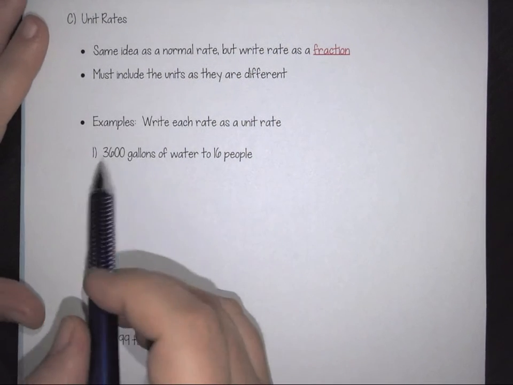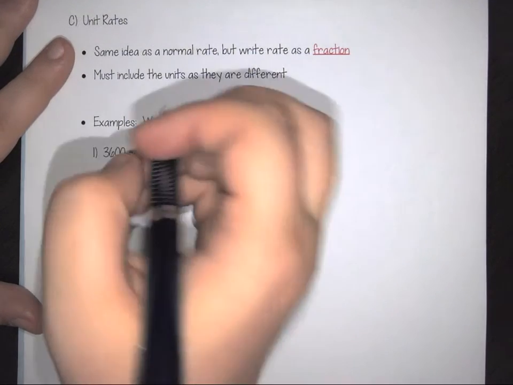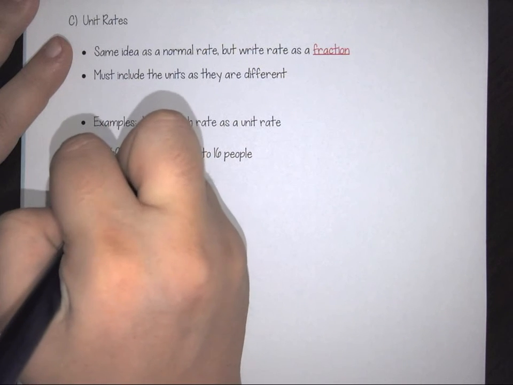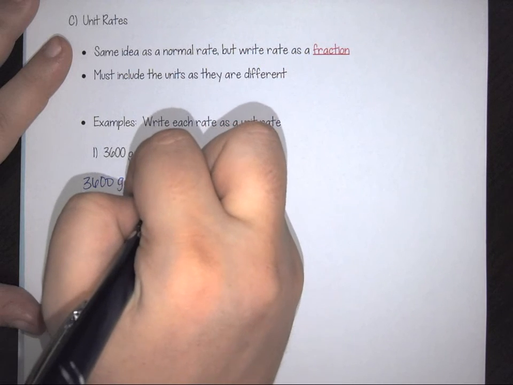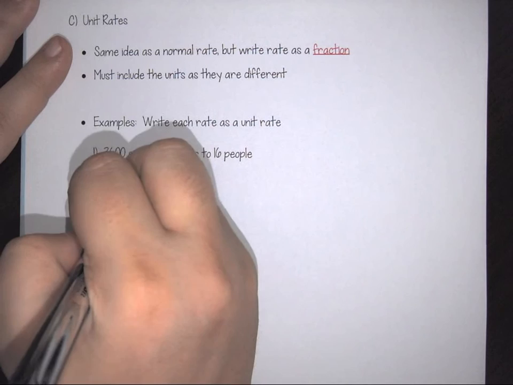So here I have 360 gallons of water to 16 people. So the first thing we need to look at is what that says. So 3,600 gallons of water to 16 people.